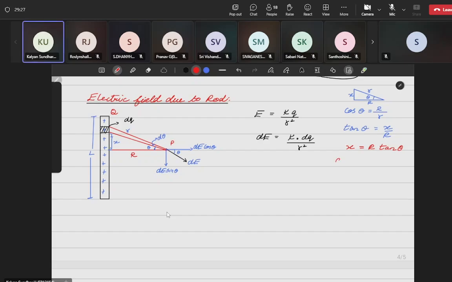Now from here, just differentiate dx with respect to d theta. What is the differentiation of tan theta? Secant square. So dx by d theta will be equal to R into secant square theta. Therefore, your total dx will be equal to R secant square theta into d theta.